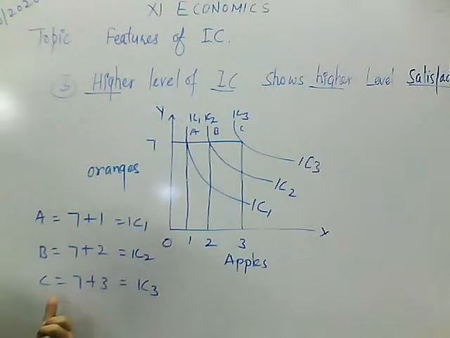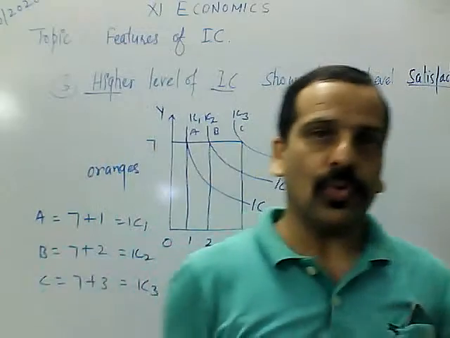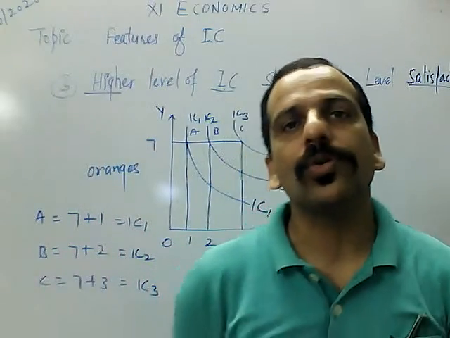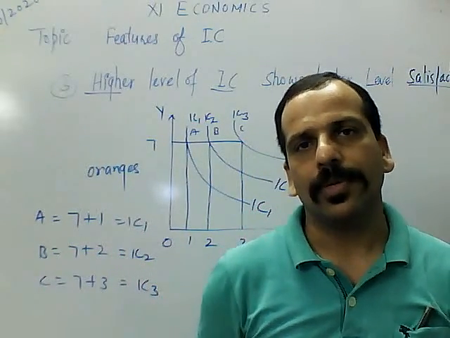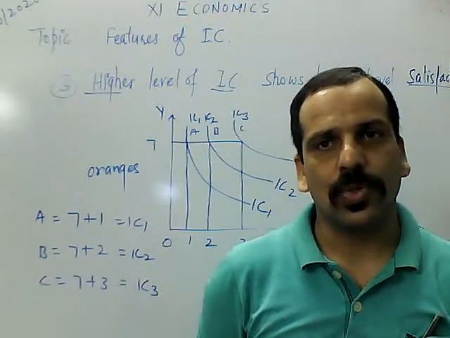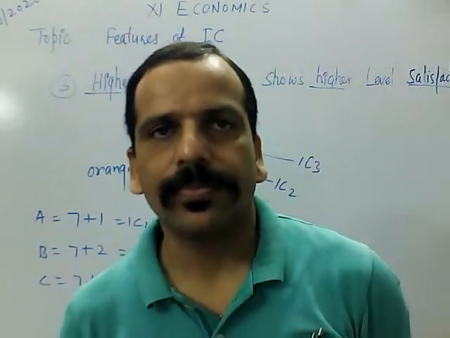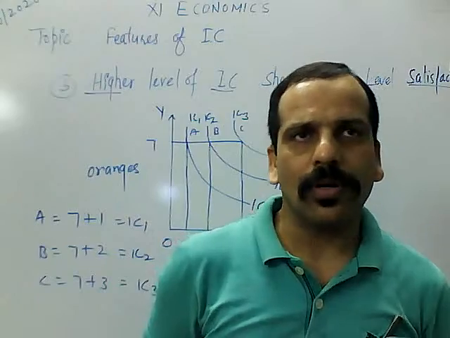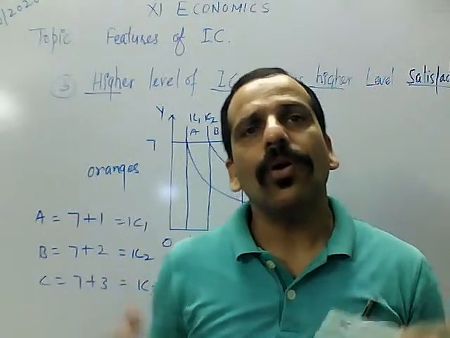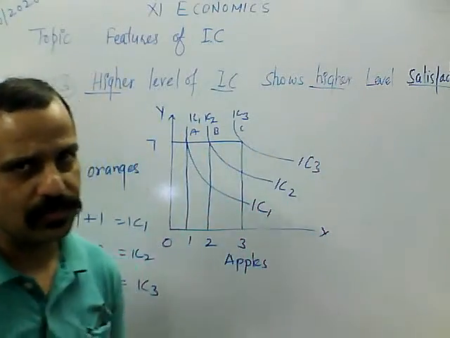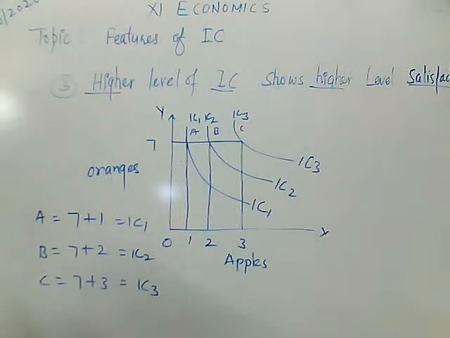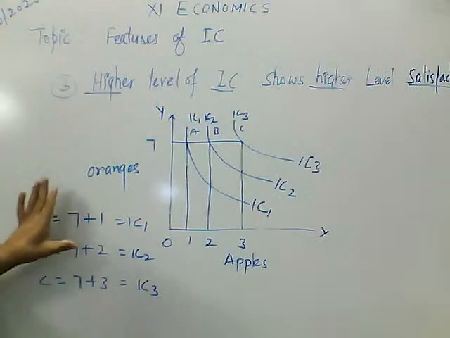Total 10 units. So you are getting more total units at the higher indifference curves. When you get more goods, this gives you a higher level of satisfaction. Understood? Very easy.